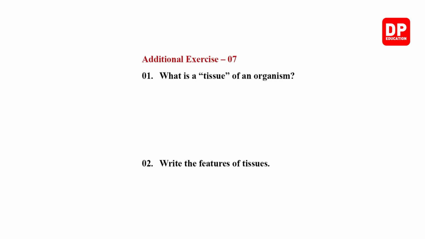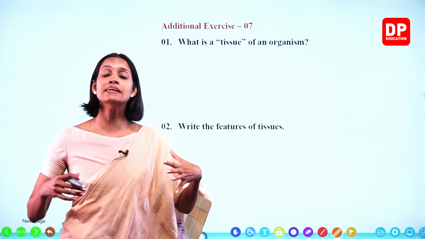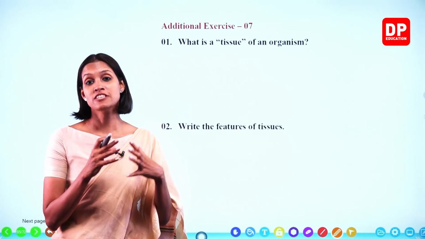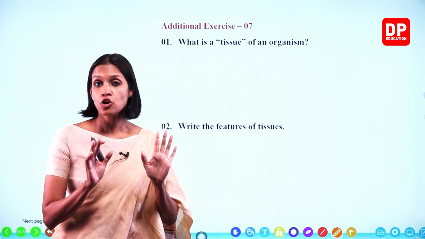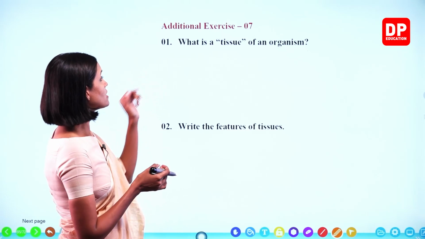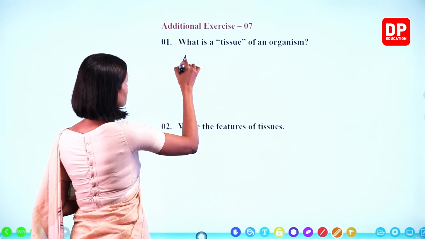Okay, exercise number 7. What is a tissue of an organism? How is a tissue made? Tissue is made as a collection or group of cells and they are doing a certain common function. Let's write. What is a tissue of an organism?